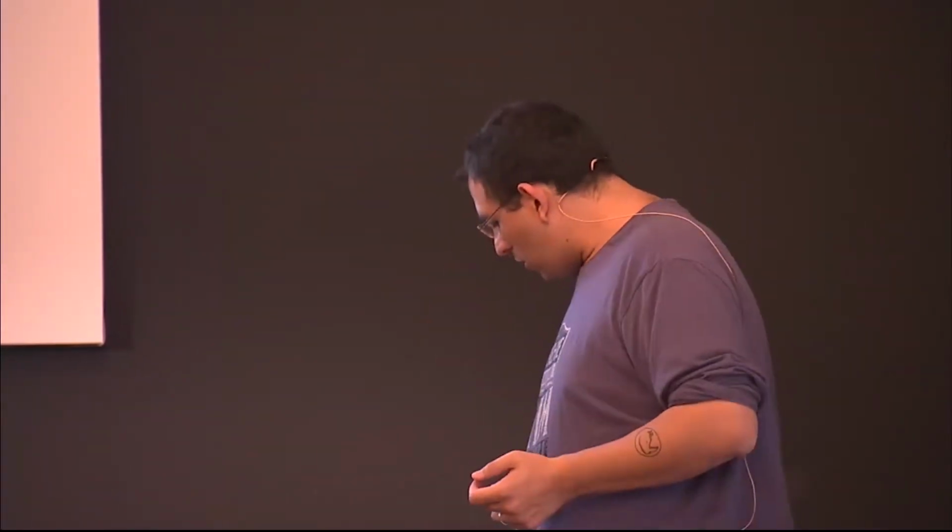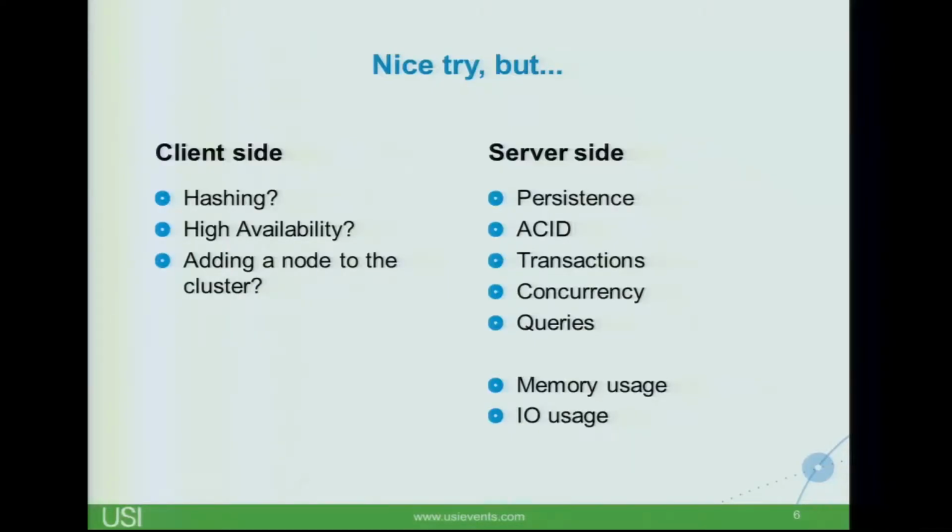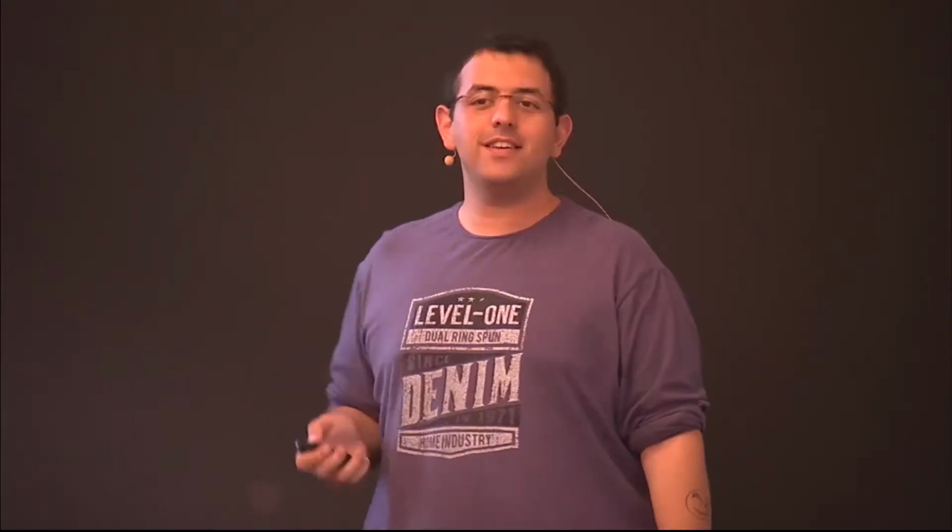Okay, so let's talk about high availability. Do we have any? What happens if a server goes down? Anyone? If one of my servers goes down, what happens? You lose all of the data on that server. By the way, here's a tricky note.